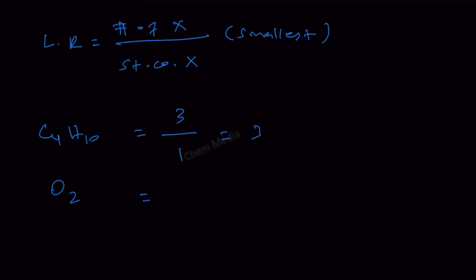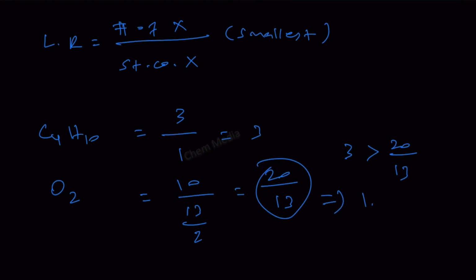For O2 we found 10 moles, stoichiometric coefficient is 13 by 2, so therefore when the 2 goes up it would be 20 by 13. So obviously 3 is greater than 20 by 13 because this will be somewhere around 1.5. So therefore which one will be the limiting reagent? The O2 is the limiting reagent here.